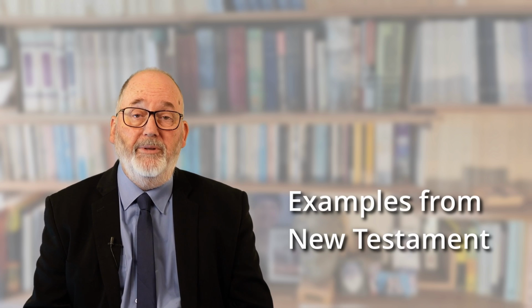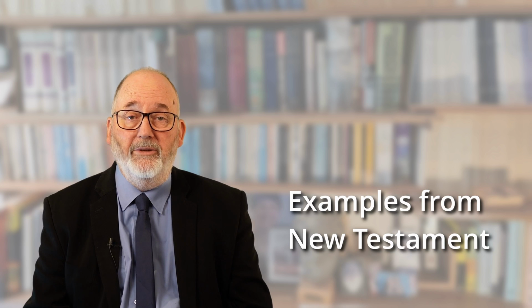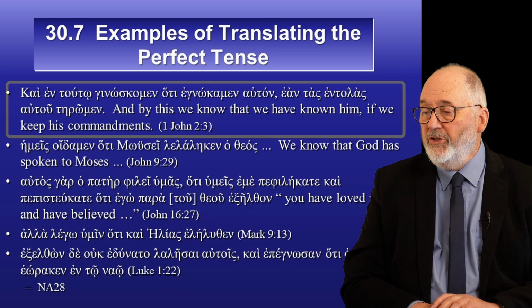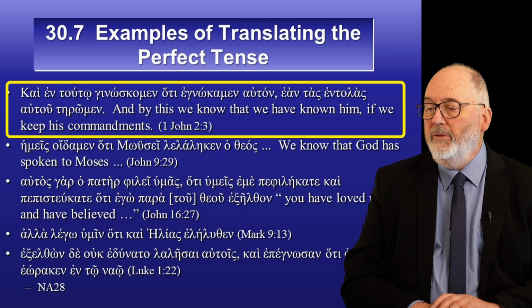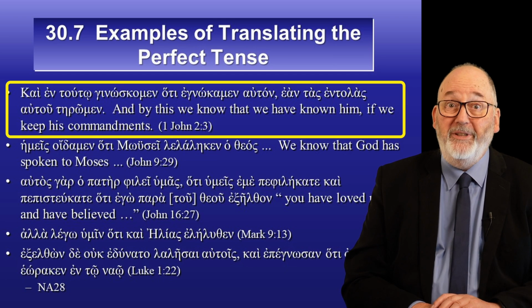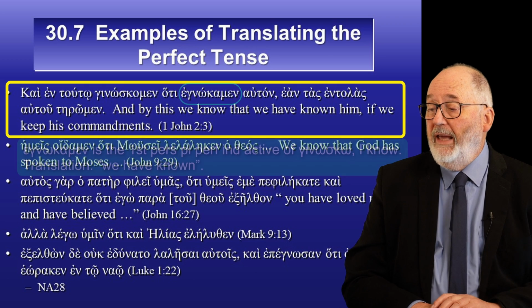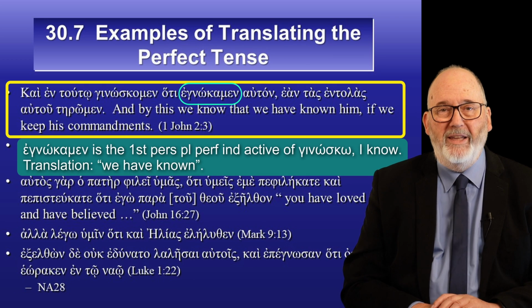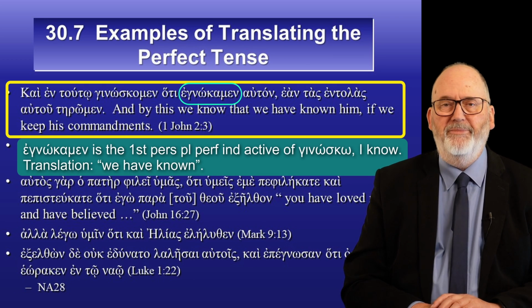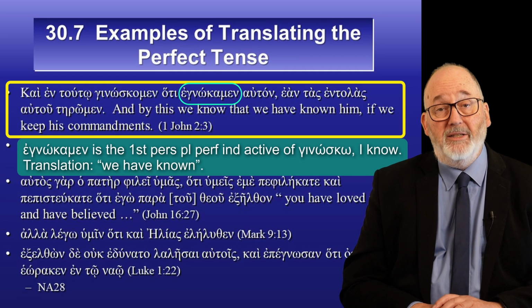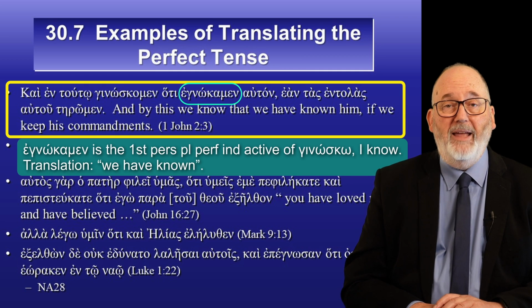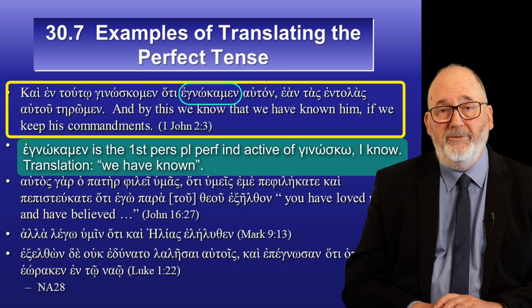Now let's look at some examples of perfect tense verbs found in the New Testament. From 1 John, kai en toutō ginōskomen hoti. And in this we know that egnōkamen, we have known him. Add the English auxiliary verb have, and the translation naturally falls out.